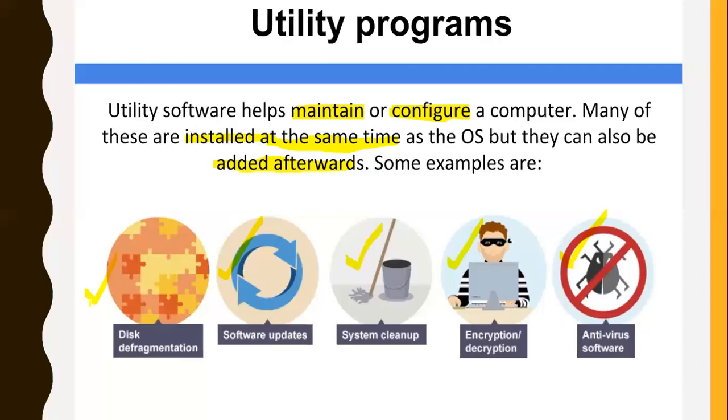Disk fragmentation utility is basically used to rearrange your data on the hard disk so that we can free up the space and speed up the processing speed of our computer. With the help of all these utility programs, we can simply enhance the efficiency and the use of our computer.